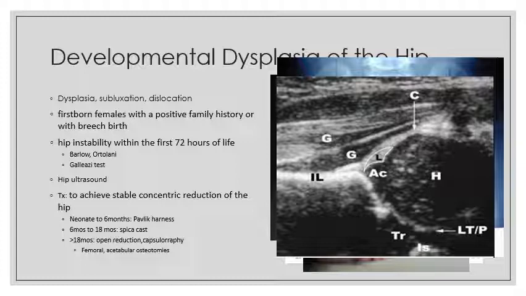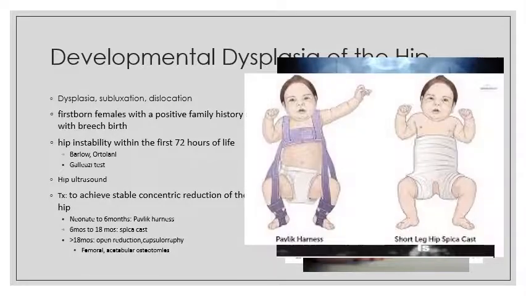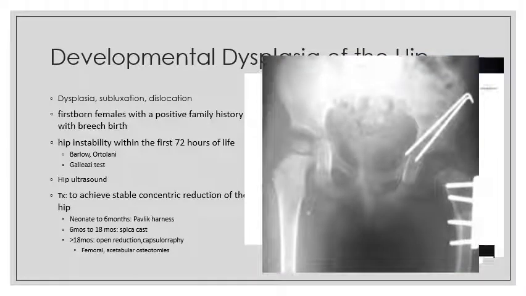The goal of treatment in DDH is to achieve stable concentric reduction of the hip. So in neonates and up to 6 months, we can use a Pavlik harness. 6 months to 18 months, we can use a spica cast. And more than 18 months, if there's still some degree of dislocation, we may need to do some femoral and acetabular osteotomies.